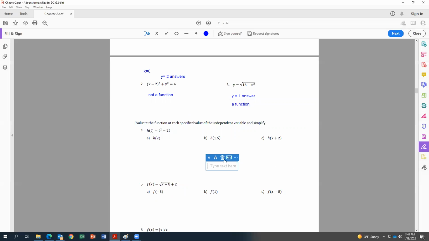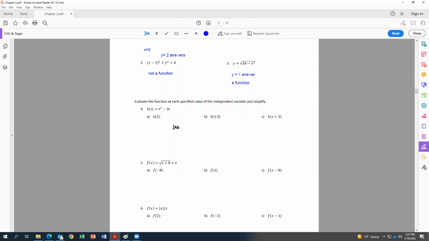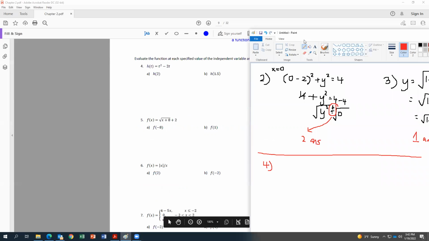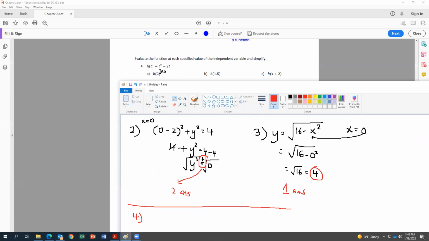Question 4. Right, you have to simplify this. What is the meaning of h(2)? h(2) in this case means you substitute 2 into your t. So it's given to us that h(t) in this case is t squared minus 2t.